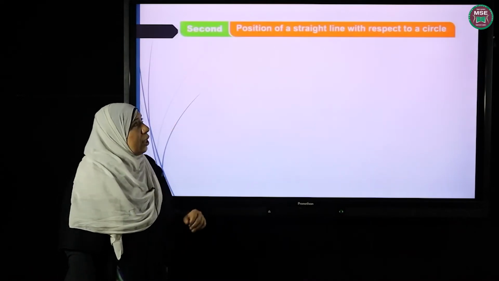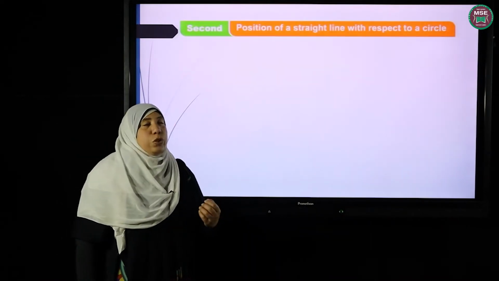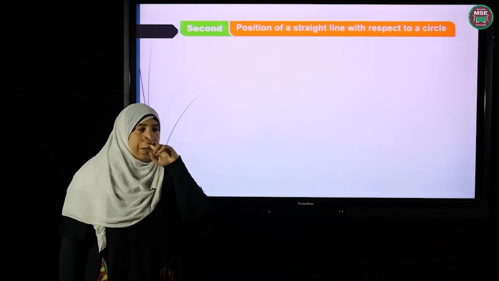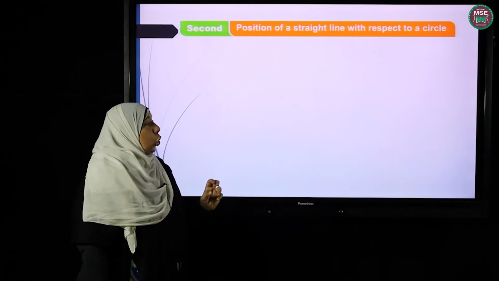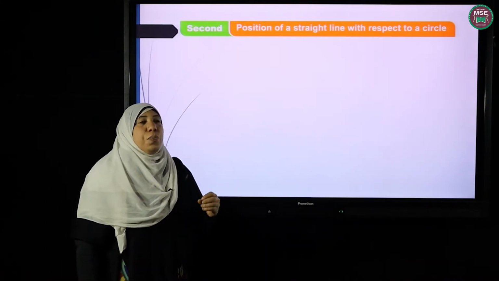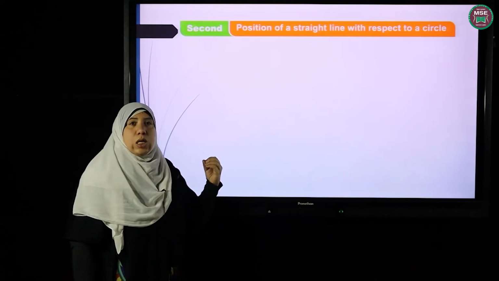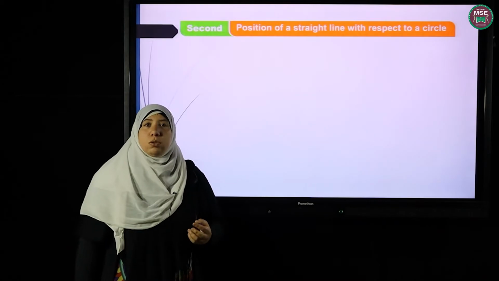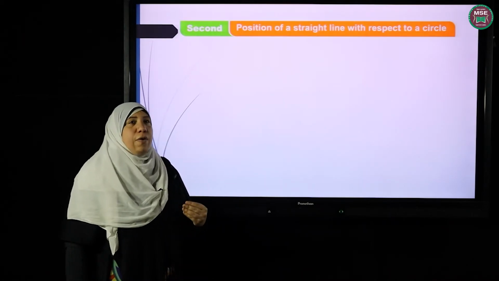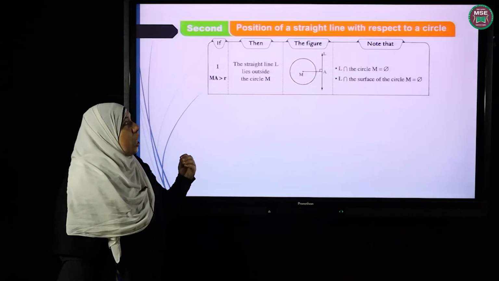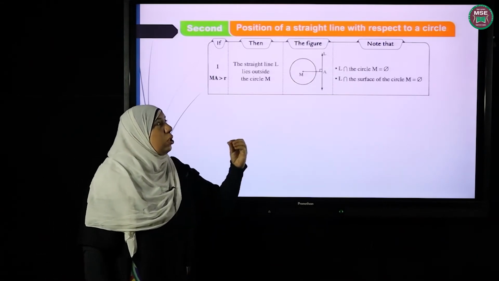Second, the position of a straight line according to a circle. To determine the position of a straight line according to a circle, I have to know the perpendicular distance from the center to this straight line.